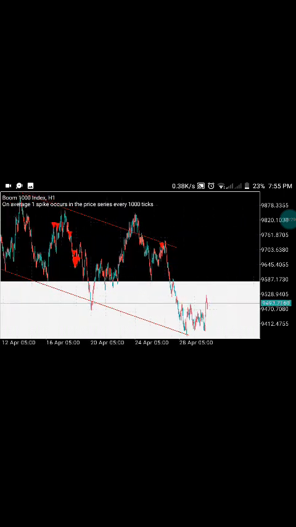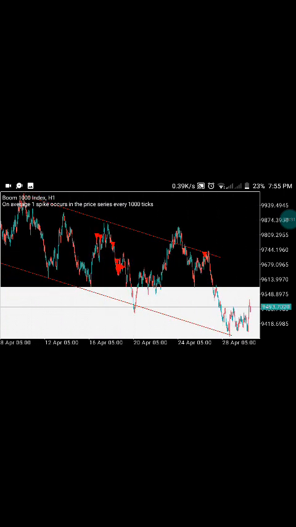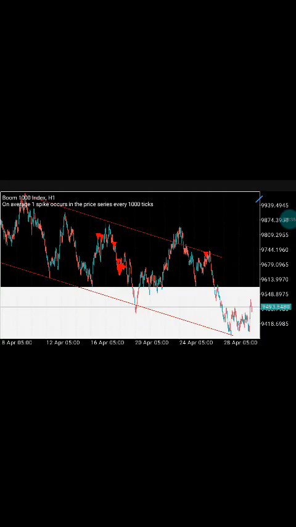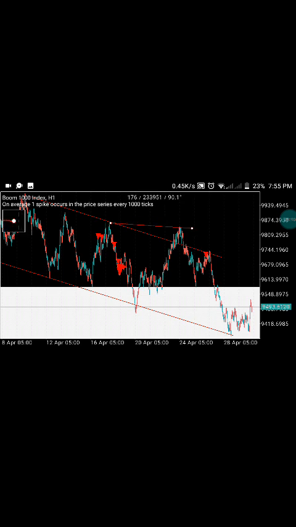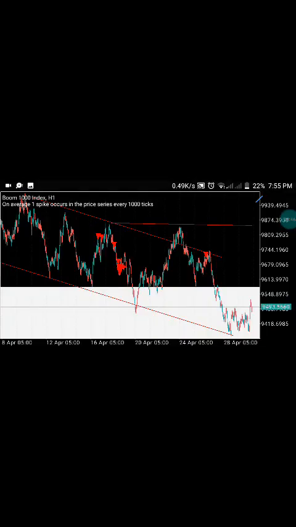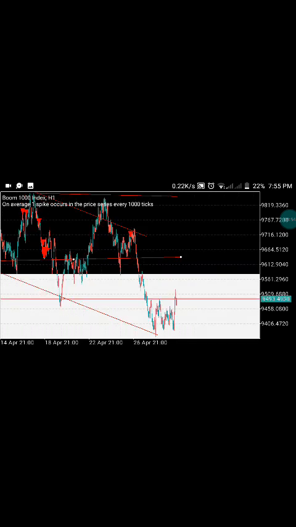But if it is an uptrend, there's still a high probability that you can make a lot in the market in some days' time. So we are going to identify it the way we identified it on our daily time frame. We are going to identify those areas where we have our rejection zones.